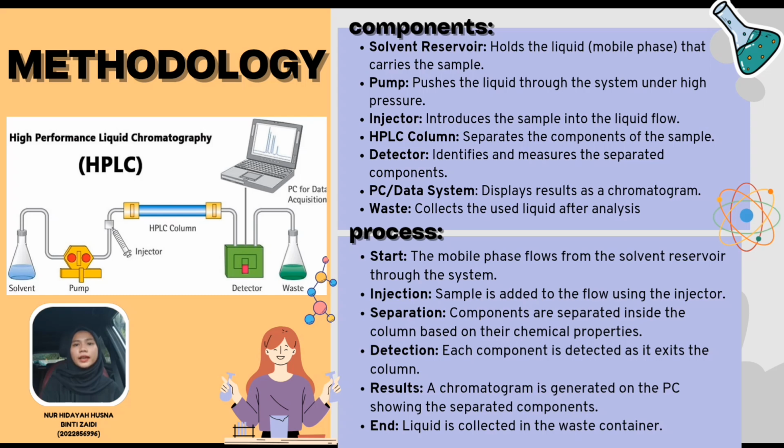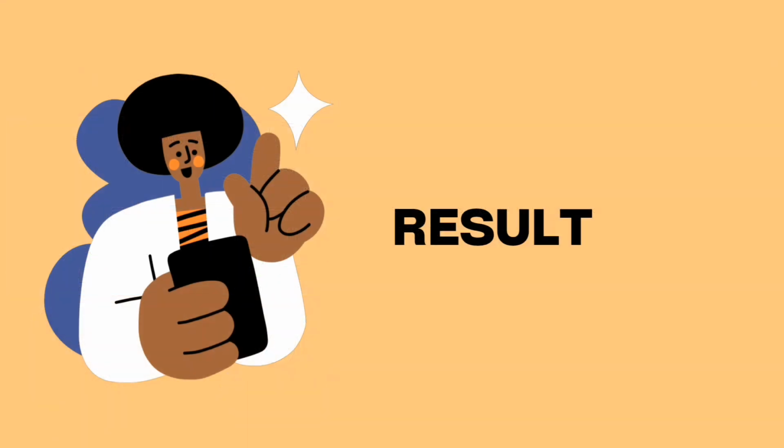As the components exit the column, the detector measures them and sends data to the PC. The PC generates a chromatogram that displays peaks for each separated component. The height and area of the peaks indicate the identity and amount of each component. After detection, the liquid is collected in the waste container.